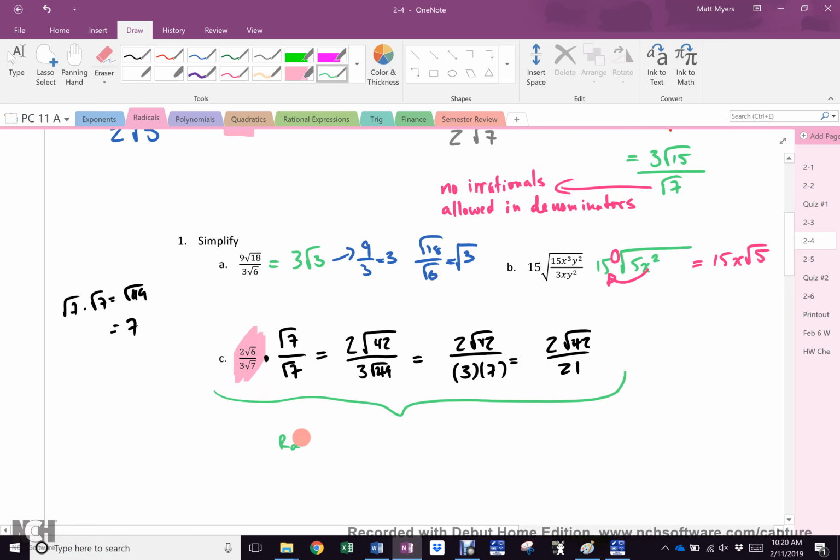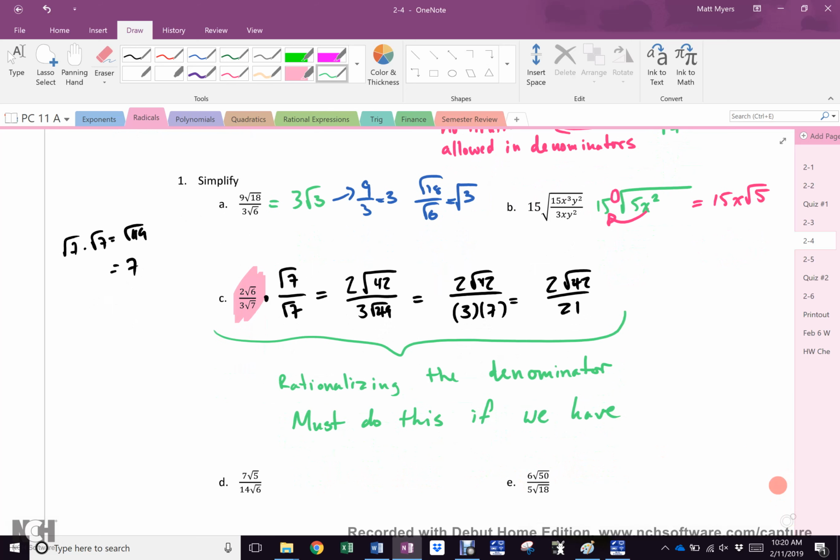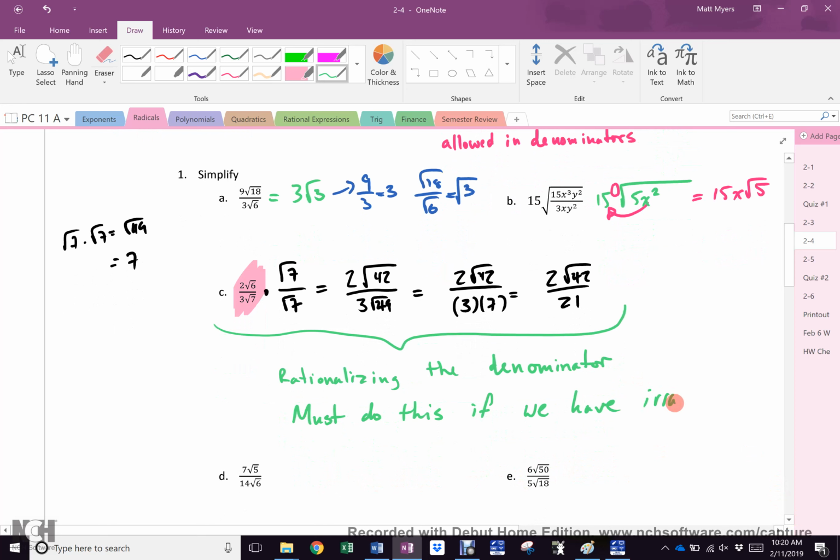This process is called rationalizing the denominator. And we must do this if we have irrational denominators.